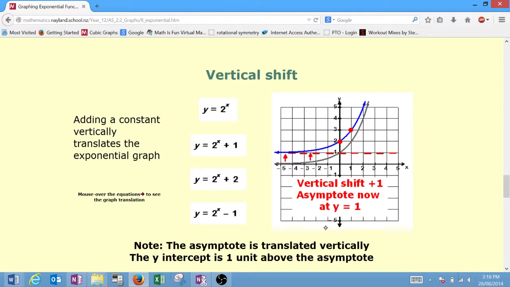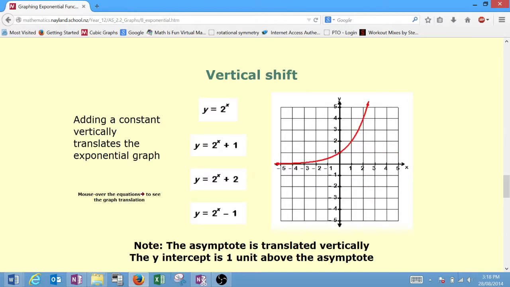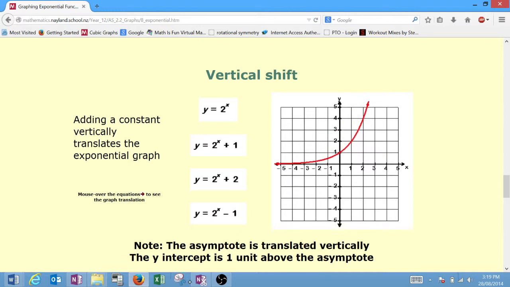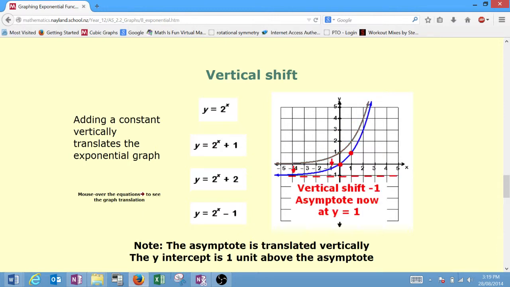So our asymptote moves up to 1, our key point moves up to 0, 2. If we add 2, our asymptote moves up to y equals 2, and our key point moves from 0, 1 to 0, 3. Negative 1, everything moves down. So the asymptote moves down, and then it's just in that same shape.